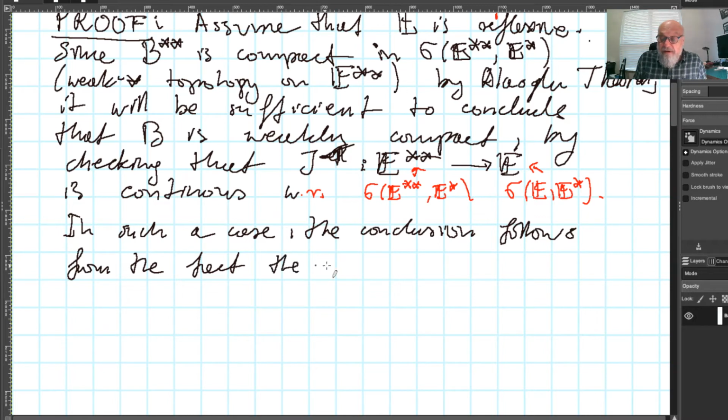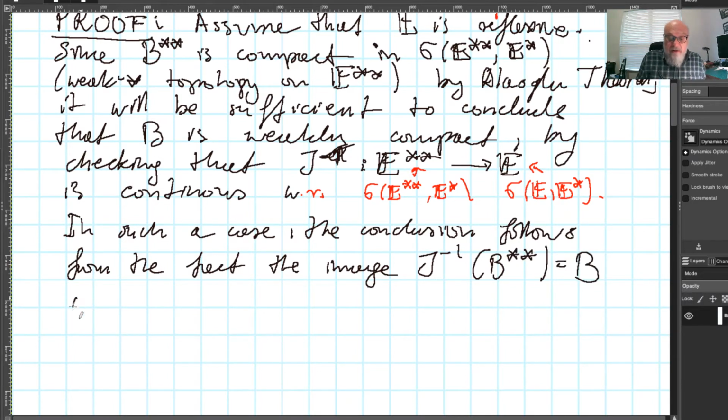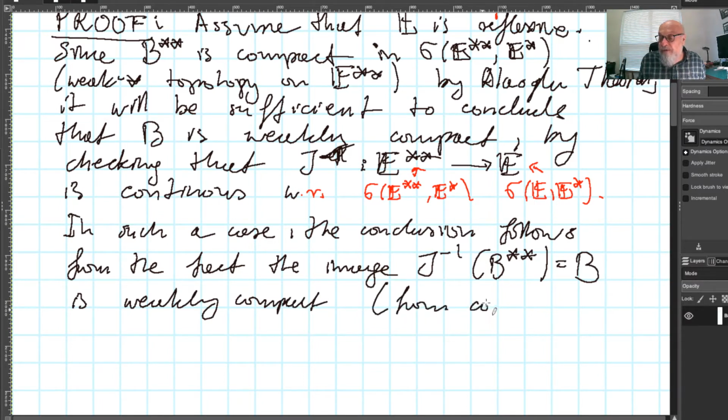That the image J minus 1 of B double star, which is equal to B, is weakly compact from continuity of J minus 1. So that's what we have. It is enough just to check that this map is continuous, so let's say verification.